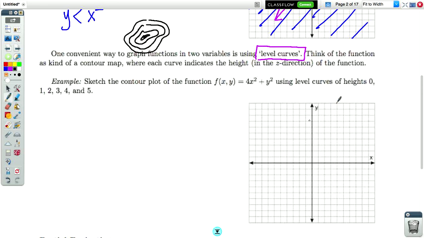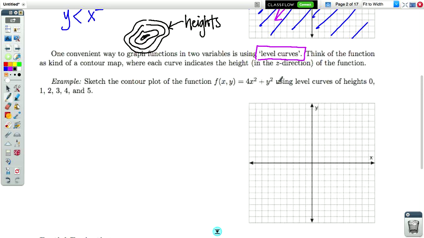This is a 2-dimensional graph, so we'll start here and then we're going to graph these things called level curves, and these little level curves, just like on a contour map, tell us the different heights of our function at certain places. So we have this function of 2 variables, f of x, y, equals 4x squared plus y squared.